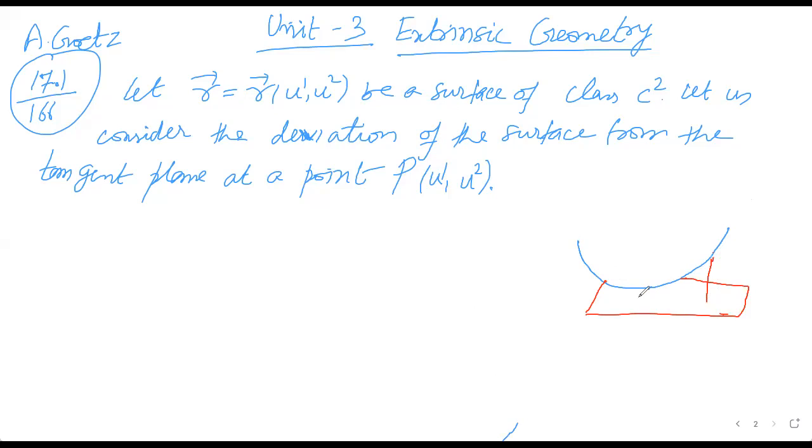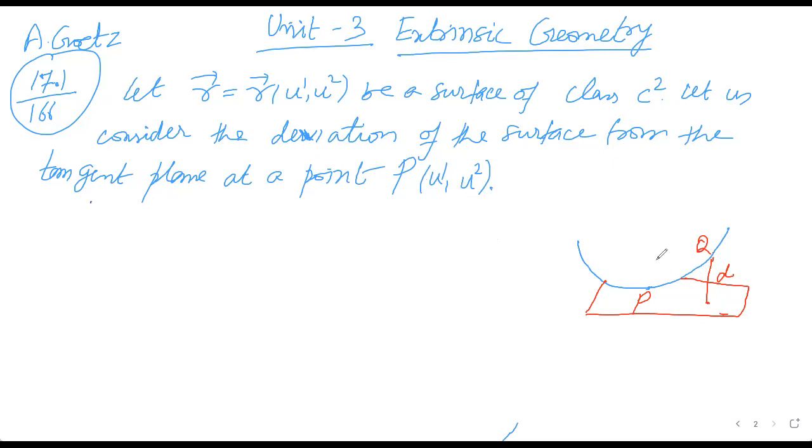At a point P you have a tangent plane, it is having deviation. Suppose this distance is D. This is point Q on the surface. This point is in the tangent plane. So consider the deviation of the surface from the tangent plane at a point P, and I will calculate this deviation. It will give me some physical quantity which I will be using in calculating different things in surface.